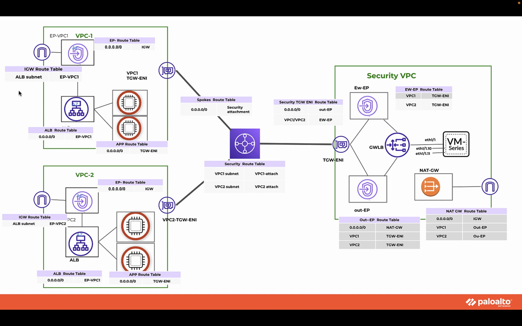We are going to configure the routes such that for inbound flow, the traffic from internet gateway towards the load balancer is routed towards the gateway load balancer endpoint within the application VPC, and the traffic for any outbound or inter VPC communication is routed towards gateway load balancer endpoints in the security VPC.